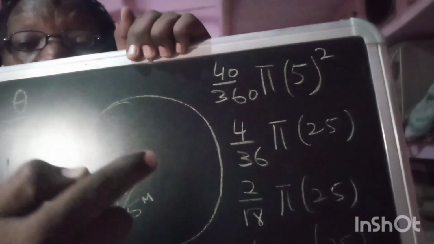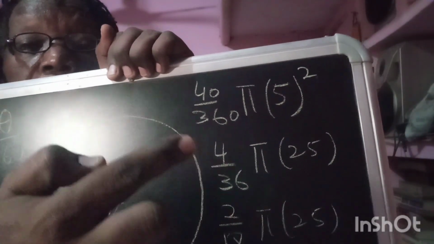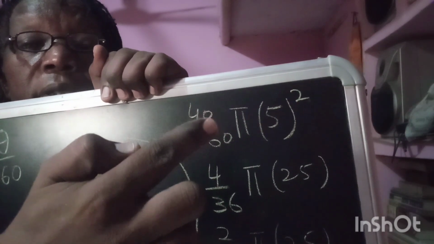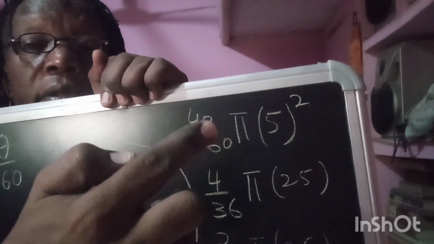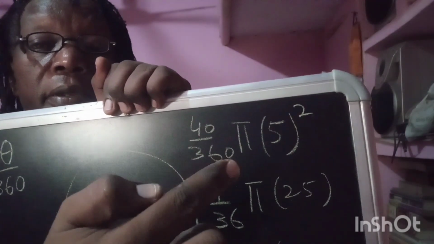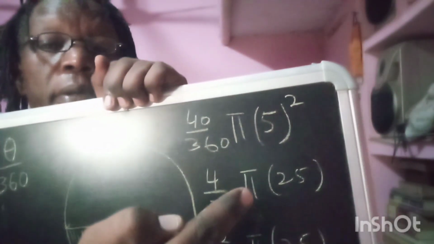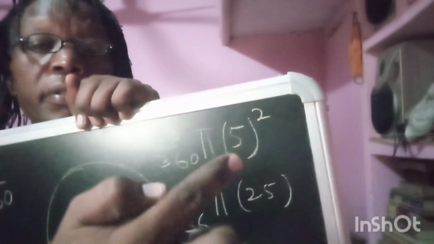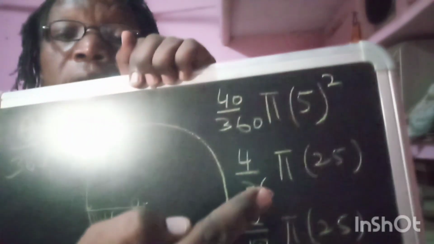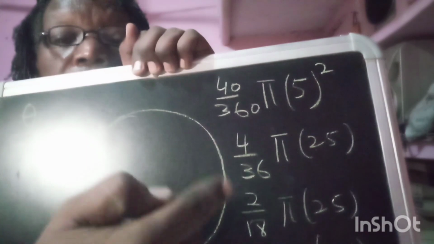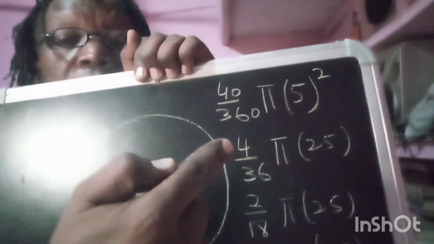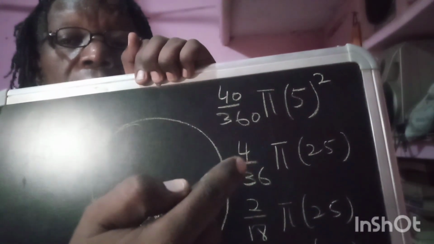Now when you square it, you'll have 4 over 36, because you cancel the zero and zero, and it remains 4 over 36, which is this one, times pi. When you square 5, it becomes 25, right? So once you get that, you can simplify this further.